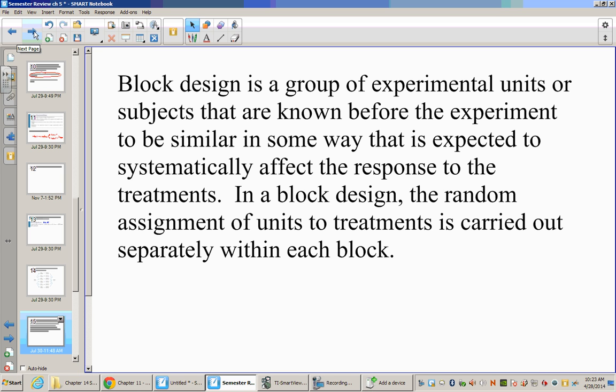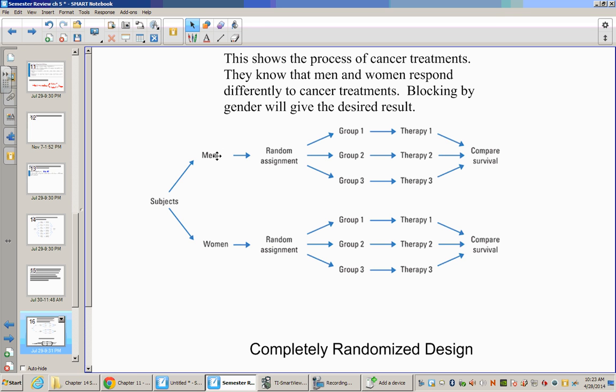For instance, men and women might respond differently to cancer treatments. So you start a block design by separating into men and women, and then you randomly assign them to the 3 groups. They get the therapies, then you compare their survival rates.